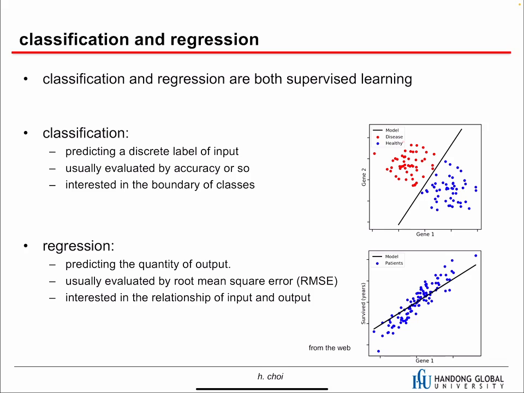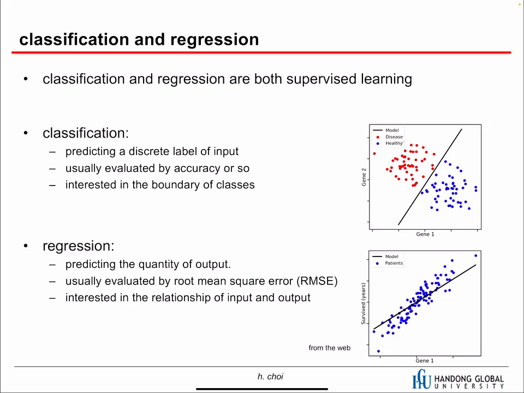I mentioned classification and regression before, but what are they? Basically, these two are both supervised learning. Classification predicts a discrete label of input, like face recognition. Usually it is evaluated by accuracy, precision, recall, or F1 measure.